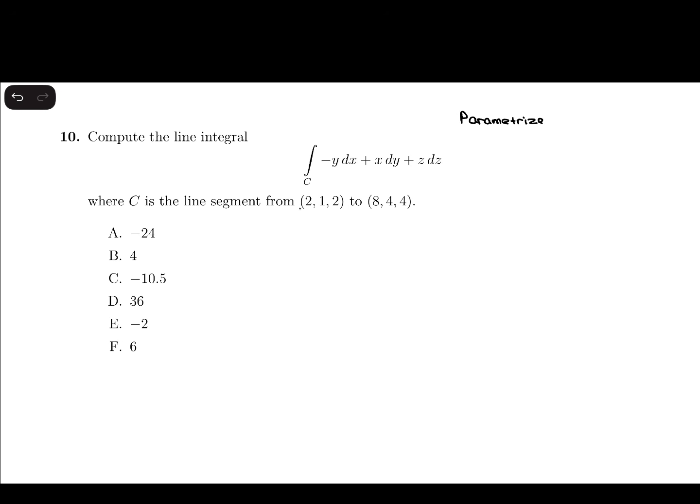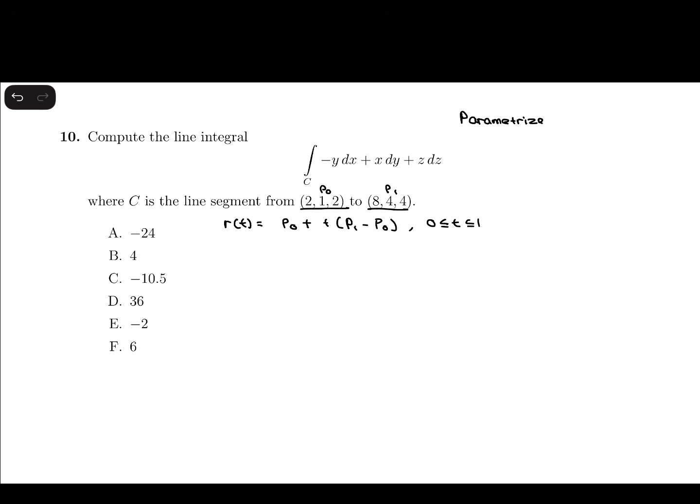In this case, they already gave us 2 points. So how we're going to parameterize, we're going to call this P naught, call this P1. Our r of t is going to be equal to P naught plus t times the vector P1 minus P naught. And for all line integrals where we parameterize a line, the bounds will always be from 0 to 1.